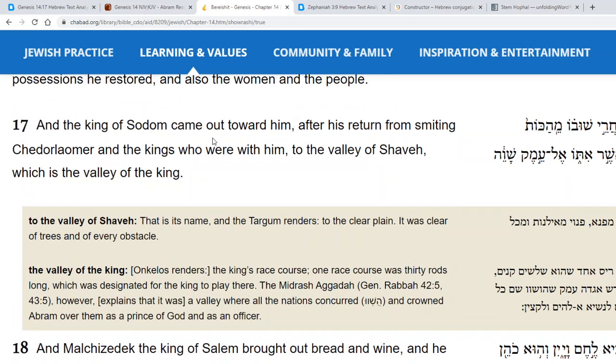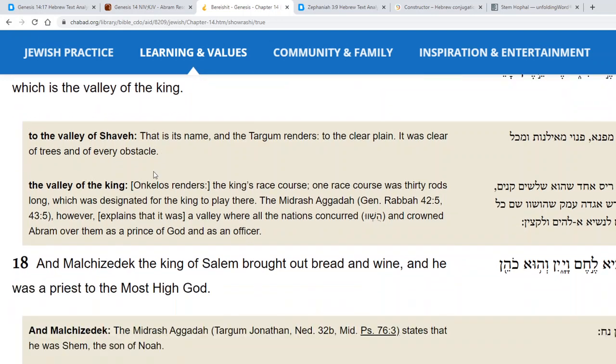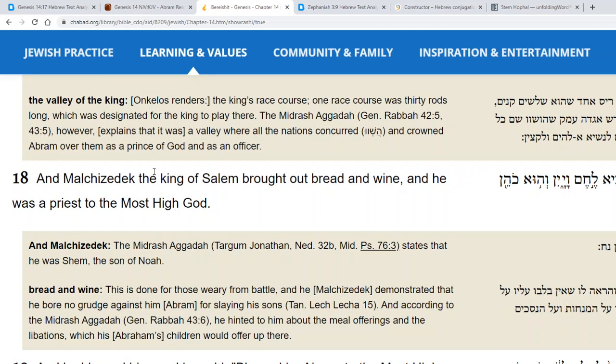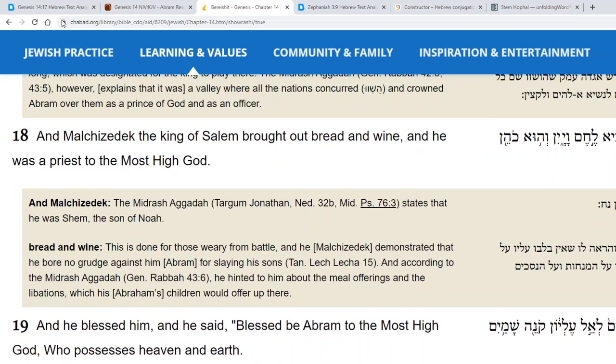And the king of Sodom came out toward him, right? And the him is Abram, right? After his return from smiting Kedar Laomer, and the kings who were with him, and this one is talking about the kings who were with Kedar Laomer, to the valley of Shaveh, which is the valley of the king, right? And you can look at the Rashis if you like.